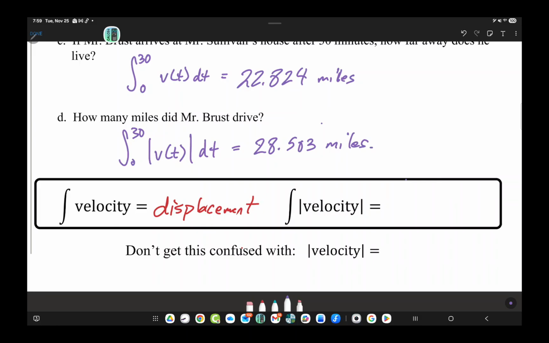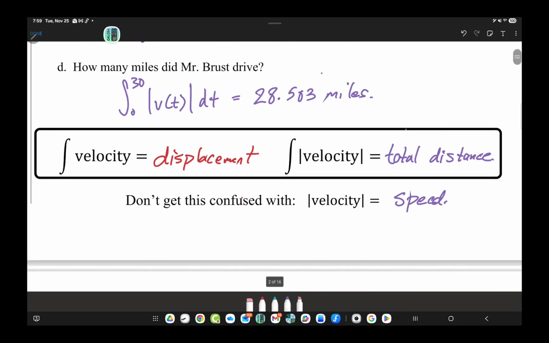Okay. Now, what that tells us is that if you take the integral of the absolute value of velocity, we get total distance. Do not confuse this with the absolute value of velocity, because that is just speed.